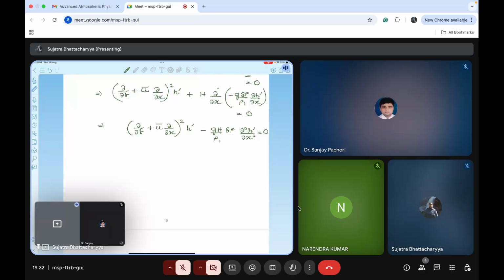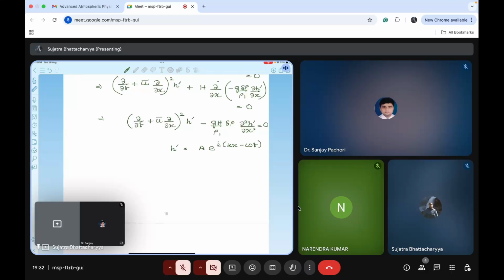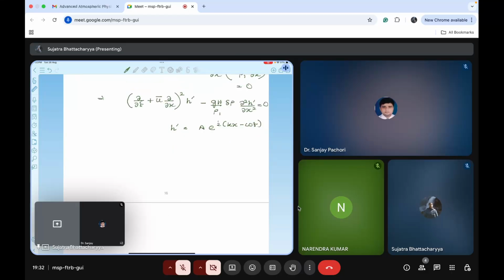Okay. It is in h'. The best way to solve is to assume a solution: h' is equal to A e to the power iota (kx minus ωt). And if you do it, I have already shown it for the acoustic waves. I will now write directly. Okay.